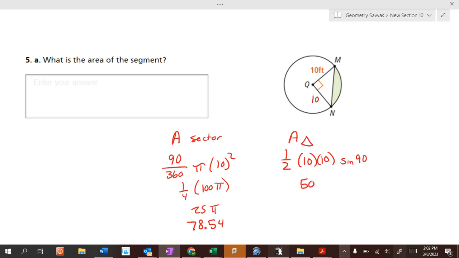Half of 100 is 50 times the sine of 90. 50 times the sine of 90 is 50. So if we subtract these, we get 28.54 feet squared.